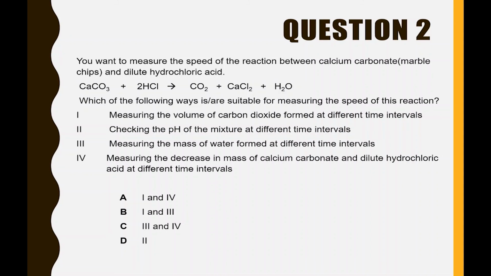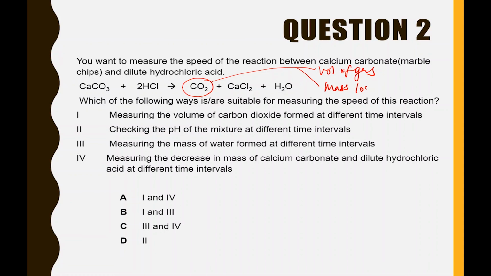Okay, so now let's look at this. You have CaCO3 and you're producing carbon dioxide, which means there are two methods: volume of gas produced, and the mass loss due to the gas escaping. So if number one, you're measuring the volume of carbon dioxide gas formed at different time intervals, this is possible. Checking the pH of the mixture, we'll come back to that.